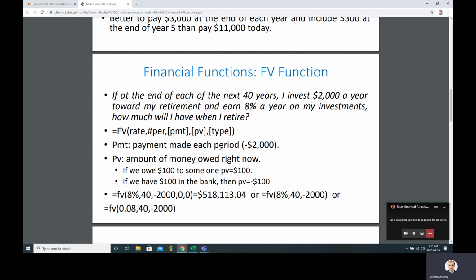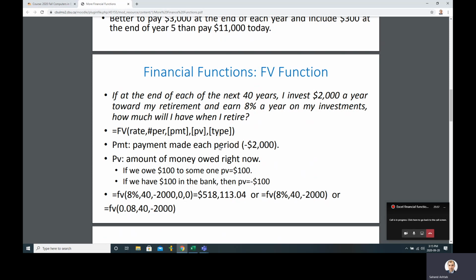And then what you're wondering is what that money is going to accumulate to become when you retire. For example, you want to retire 30 years from now, 20 years from now, and every year you want to put some money aside. Now, what that's going to become 20 years from now, 30 years from now, that is, you're interested in finding out the future value of your present investments.